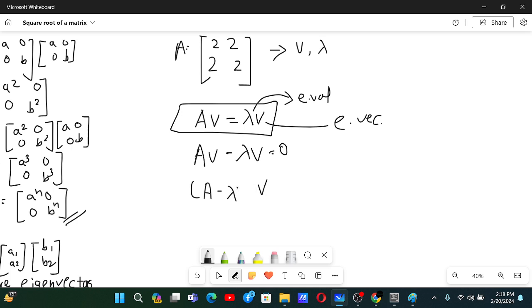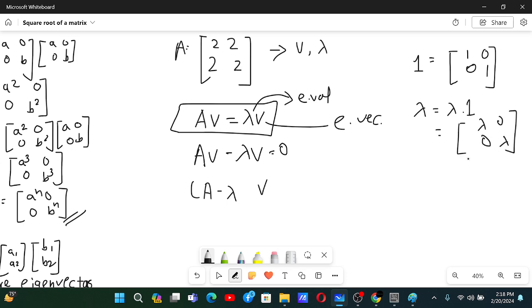So how do we change the scalar to a matrix form? We know that 1 is basically 1, 0, 0, 1 in matrix form. So if you want lambda, just multiply lambda by 1. That means it will just be lambda, 0, 0, lambda, that is, lambda times I. So (A minus lambda I) times B equals 0.